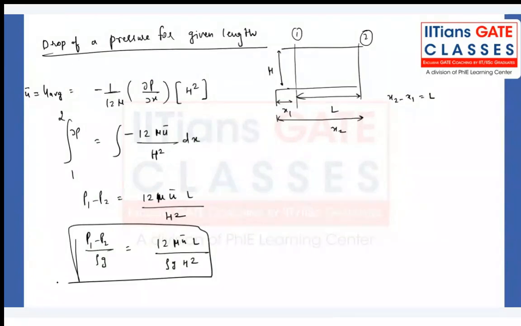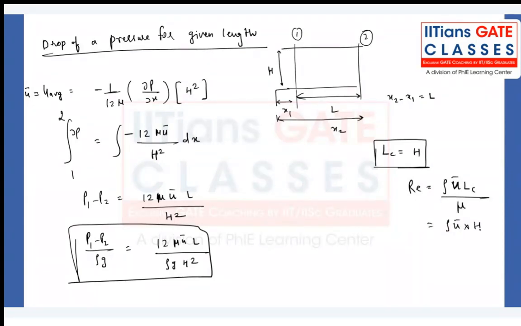In the fluid flow in a pipe, we got the answer as 32 mu u bar L divided by rho g d square. Here it is H square, because the characteristic length here is capital H. So the Reynolds number for this case, you have to write rho u average L_c divided by mu, so here rho u average capital H divided by mu.